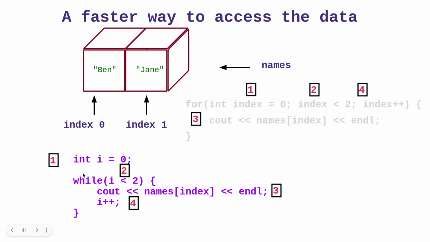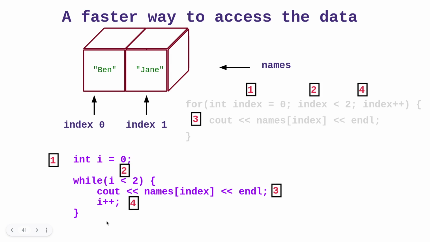Okay, and then we have the while keyword instead of for. We have the condition. We still have the actions being performed. And step 4 is done inside the curly braces, and it has to be the last thing that is done.